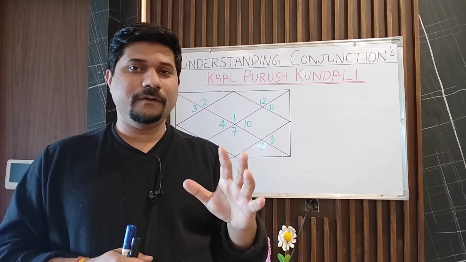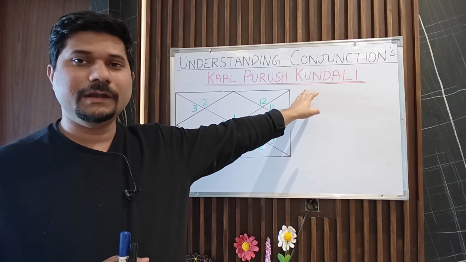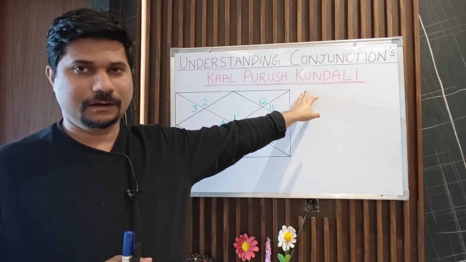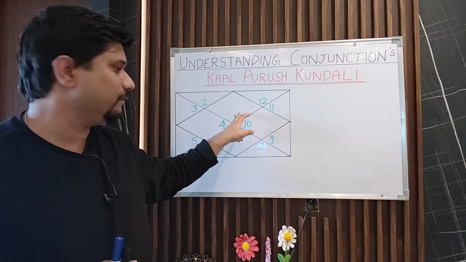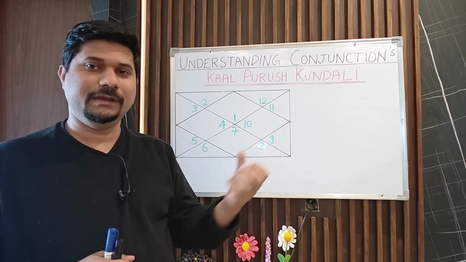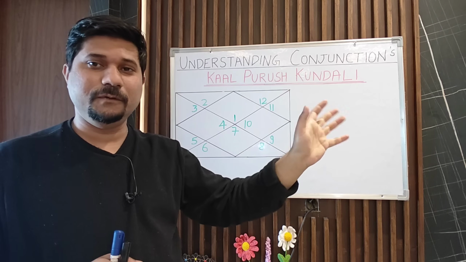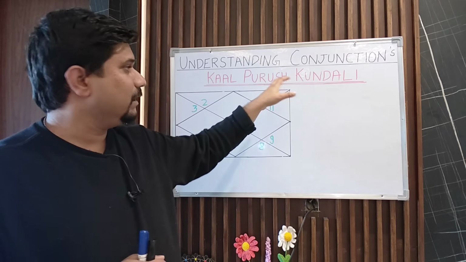So we will first of all try to understand what this Kaal Purush Kundali is. We can also call it an Aries ascendant chart. Okay, so you can see the number 1 sign which is written up there. It's the sign of Aries. So the Aries ascendant chart is known as the Kaal Purush Kundali. Don't get confused if you're not familiar with this word.